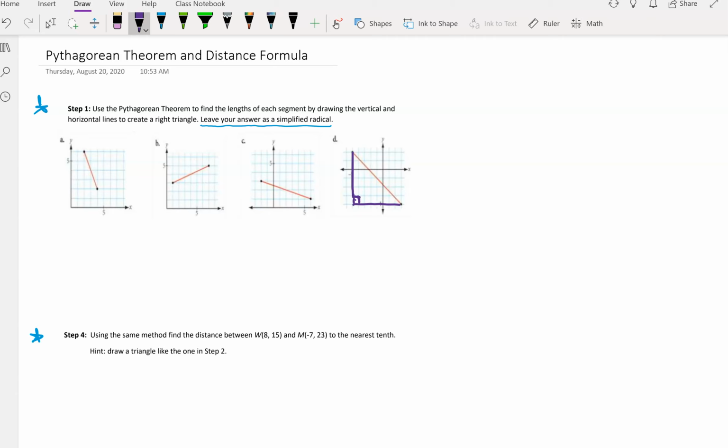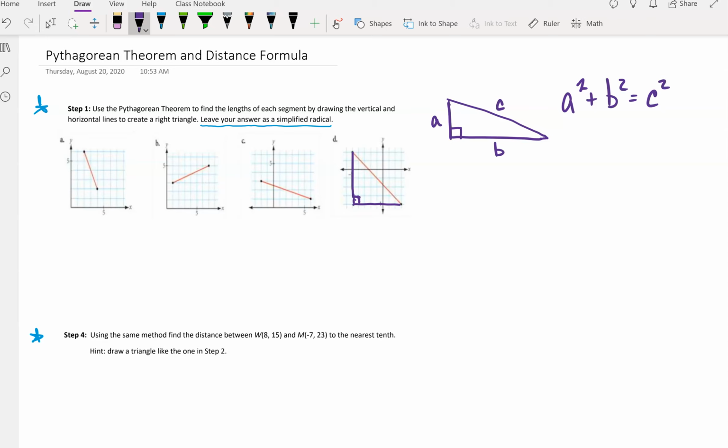And hopefully most of you guys are remembering the Pythagorean theorem, which says in any right triangle, you can take the sides that are the legs, the parts that form your right angle, and square them and use that to find the length of the hypotenuse. So you might remember a squared plus b squared equals c squared.